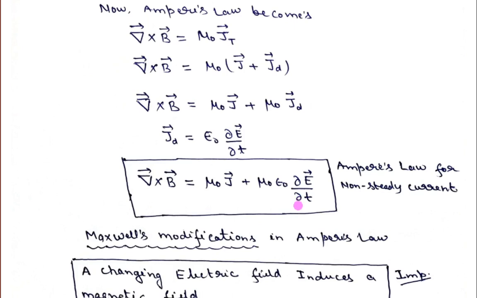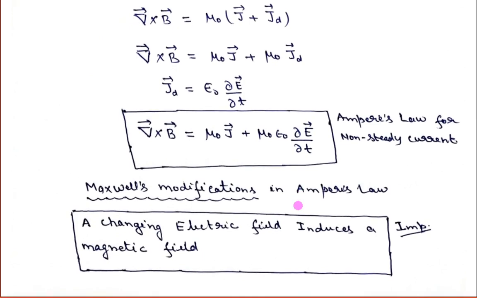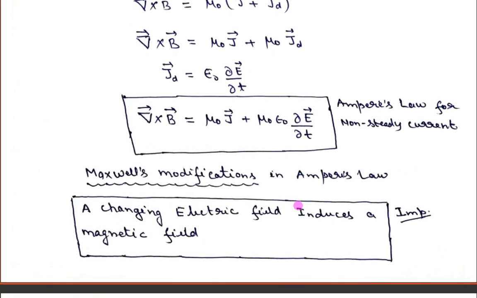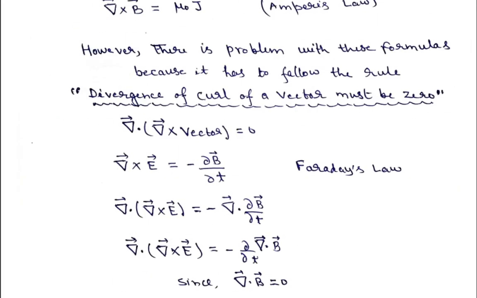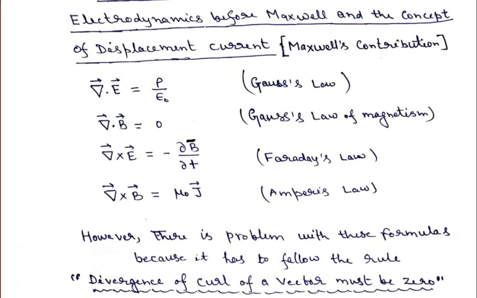And this equation gives a lot of physics. Now I am going to introduce a new concept again. If you recall the Faraday law, the first equation I have written here, that is del cross E is equal to minus del B upon del t.